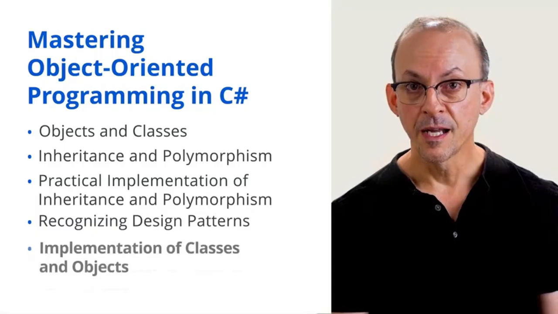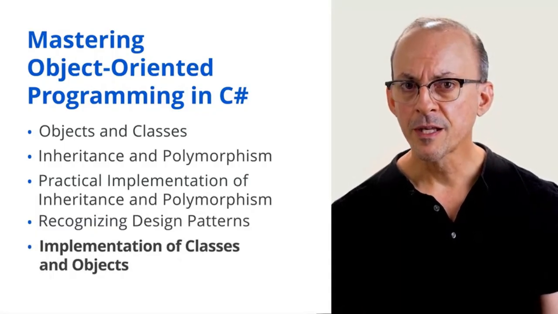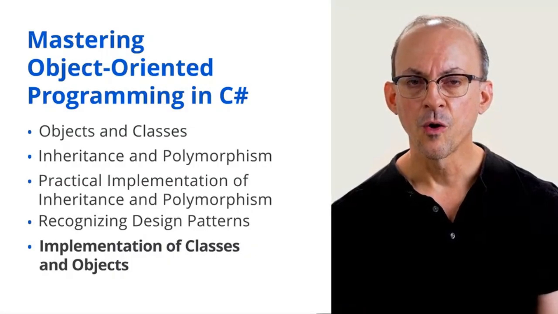Finally, we worked on implementing classes and objects in C# through structured exercises, helping you build confidence and mastery in applying OOP techniques. Understanding these object-oriented programming principles is essential for building robust and efficient applications. Mastering these concepts in C# will elevate your development skills and improve your ability to create scalable, maintainable code.